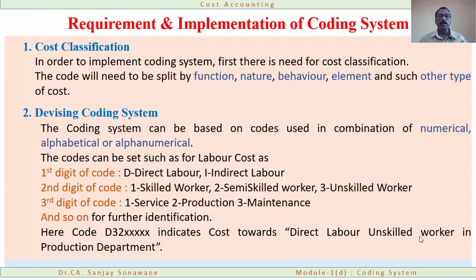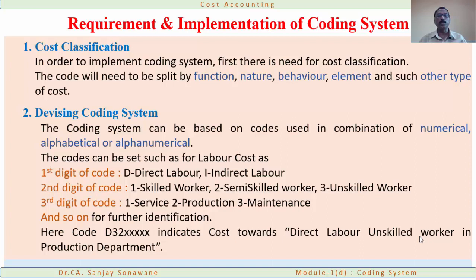The coding system can be based on codes used in combination of numericals, alphabeticals, or alphanumericals. Means you can use numbers, alphabets, or a combination of these, and then we can create codes. Now let us see an example of how the codes are created. The codes can be set, for example, for labor cost.